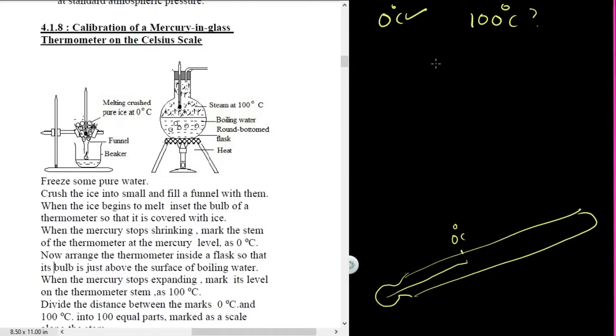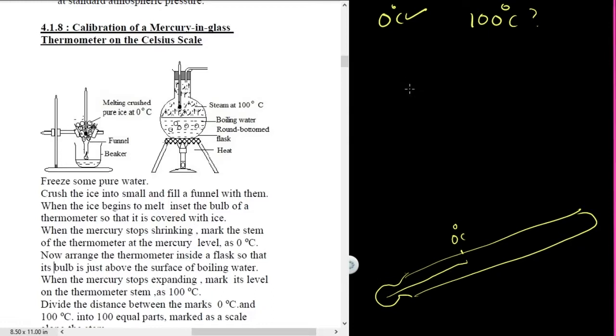You can do this by inserting the thermometer just above the surface of boiling water. We don't want to measure the boiling water, we need to measure the steam. When water becomes steam, it is definitely 100 degrees Celsius.